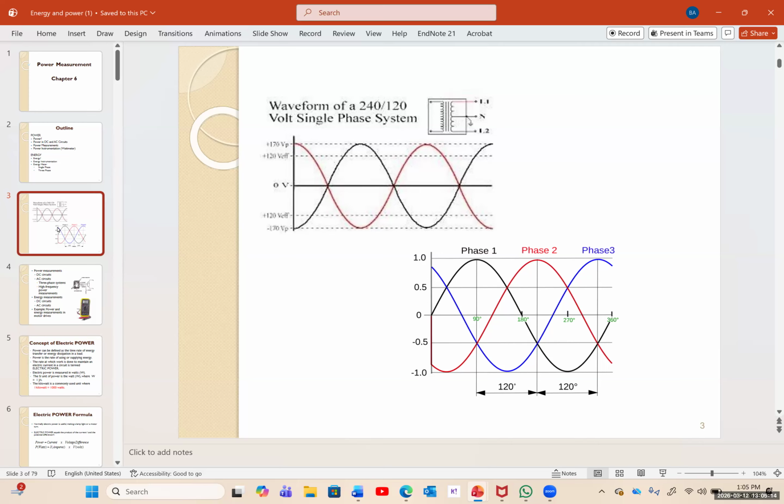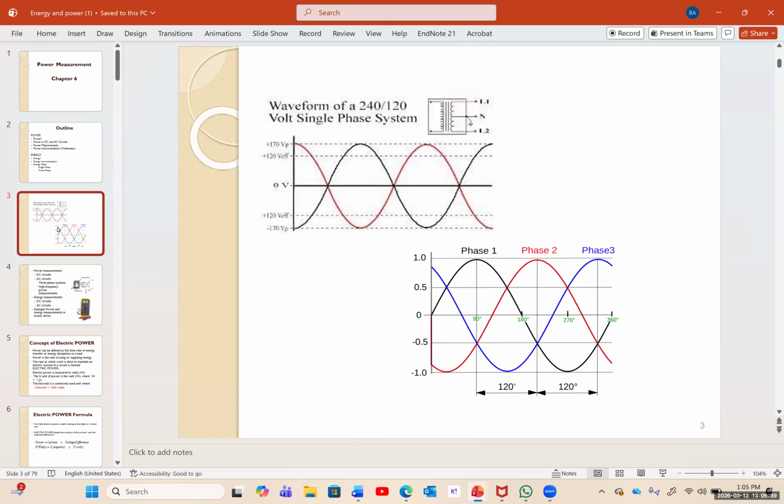An example for that is going to be electric stoves and dryers. For those, we use a 240 volt system. Now, the problem is the voltage that comes into your home is usually from one of the phases of a transformer.